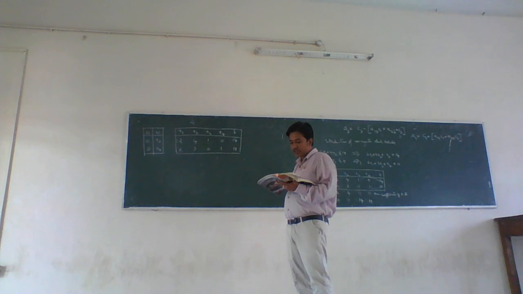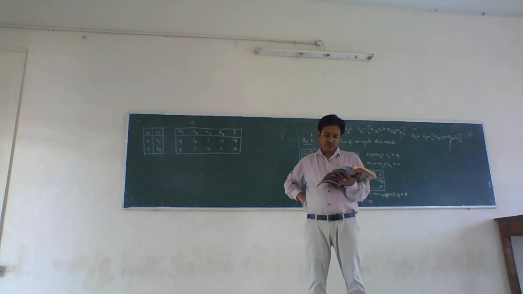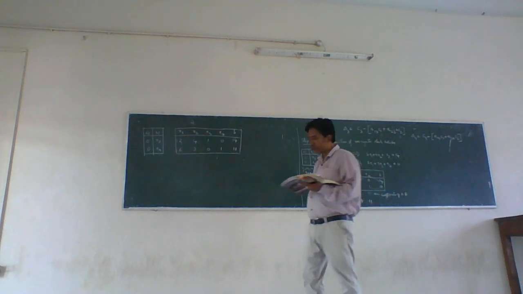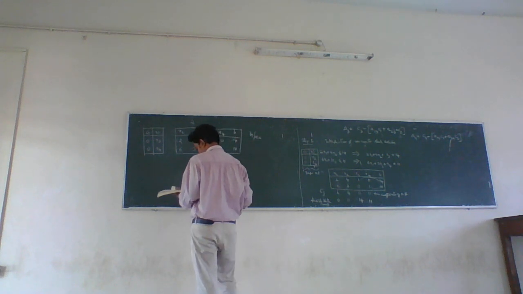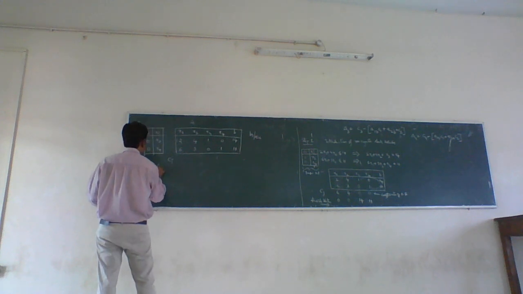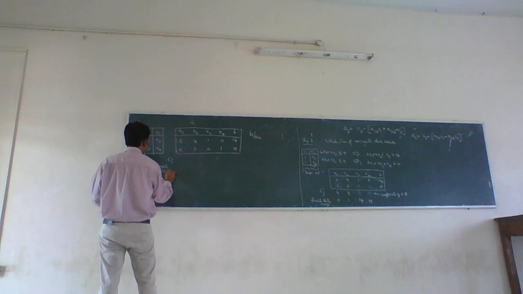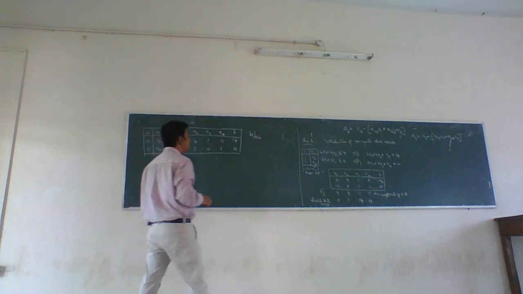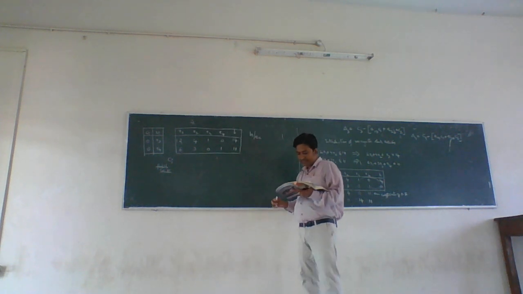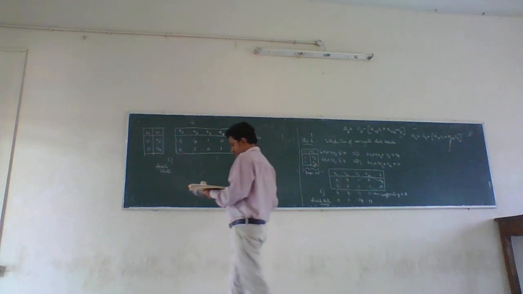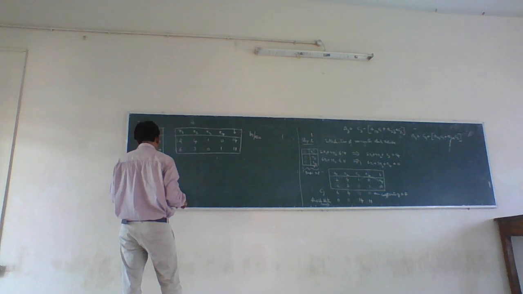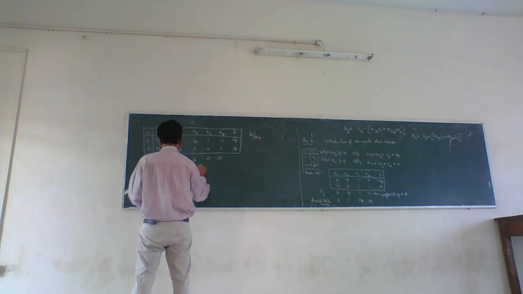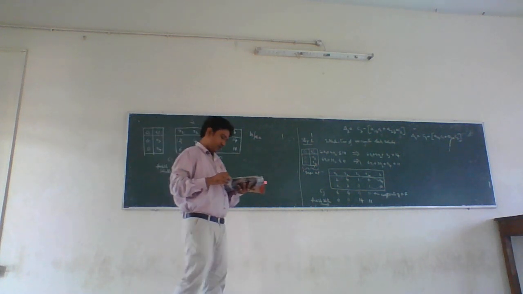The variable to leave the solution is found by computing bi by aie, where e is called the entering variable.